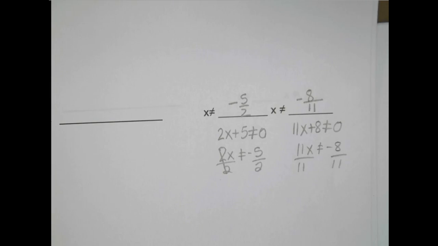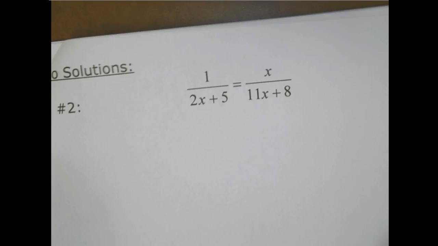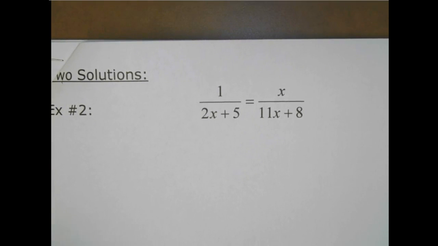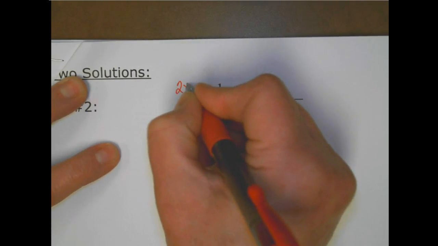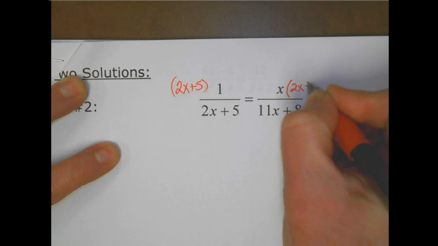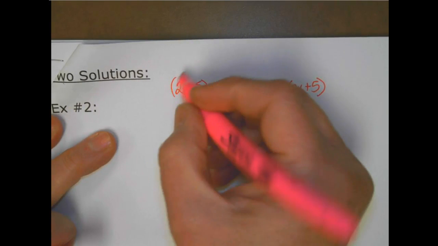Now that we have our excluded values, then I go back up to the equation. Since the denominators do not factor, I just go ahead and start multiplying both sides of the equation by the first denominator. What's going to happen to the first denominator?